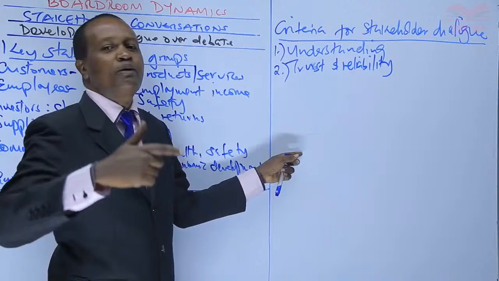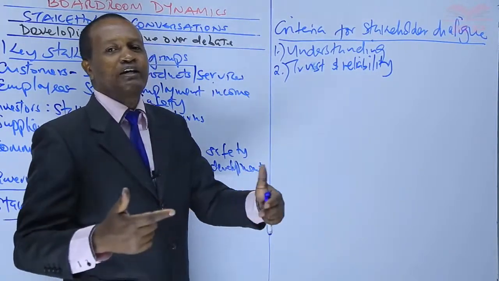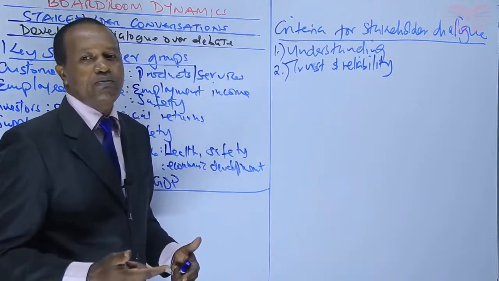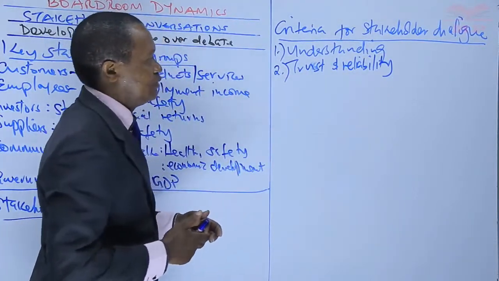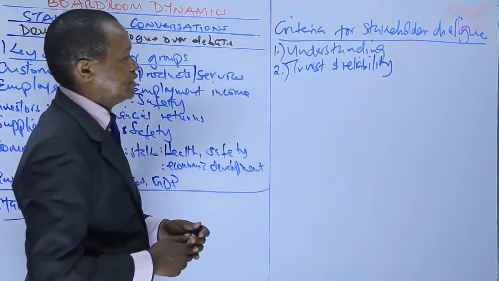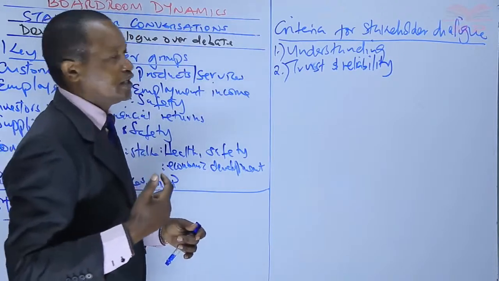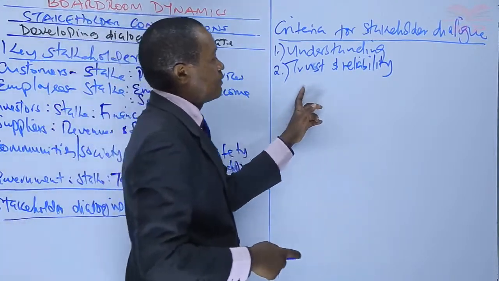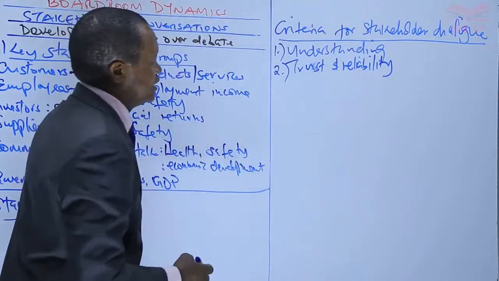And that means that parties can only allow themselves an open and vulnerable attitude if the other party is also prepared to do it as well. We normally say, you scratch my back, I scratch your back. There has to be some level of trust and reliability for stakeholder dialogue to be successful.